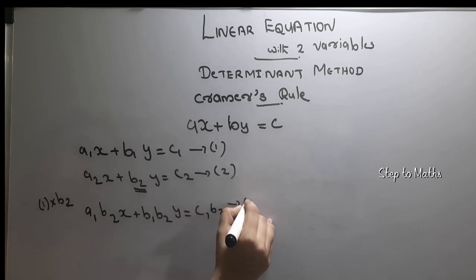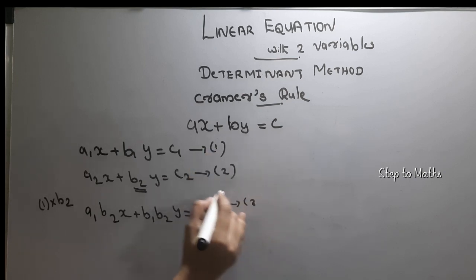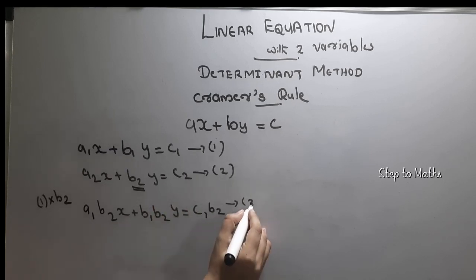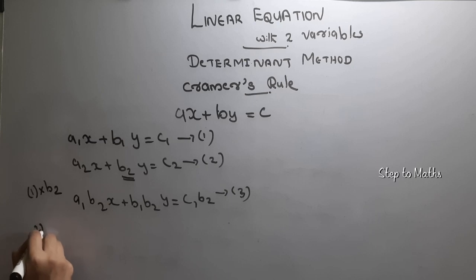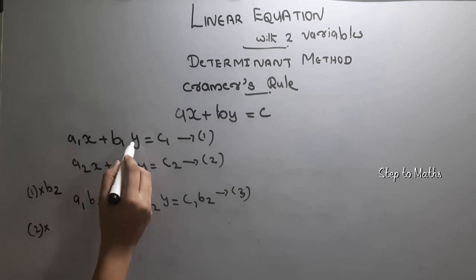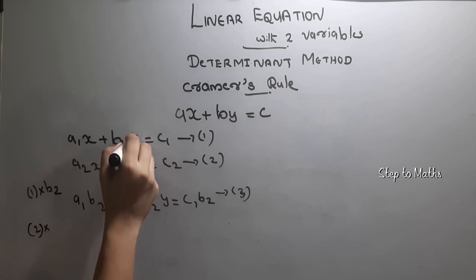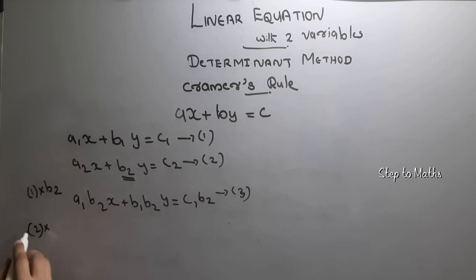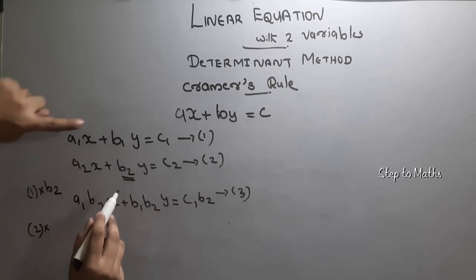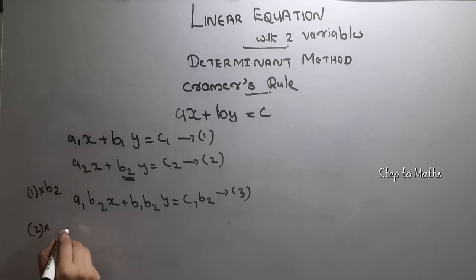We can label this as equation number 3. We multiply equation number 2 by the coefficient of y of equation number 1, that is b1.